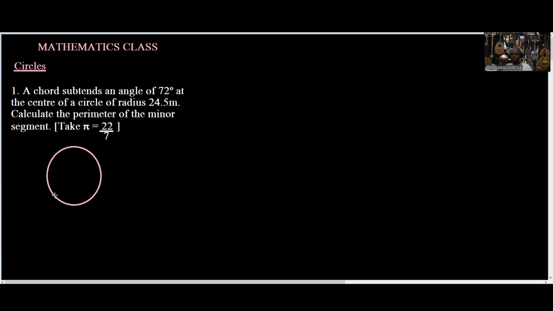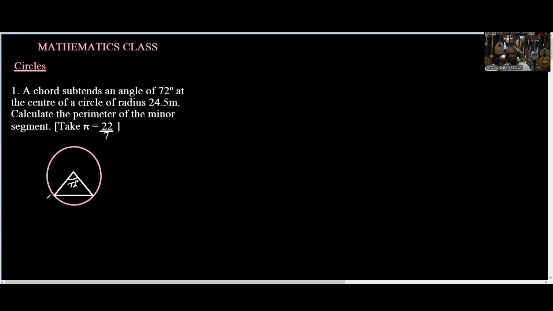So if this is the chord that subtends the angle at the center, then I need the radius to carry the angle, from here to this point and meeting at the center. So the 72 degrees is going to be at this center. So this becomes our chord.